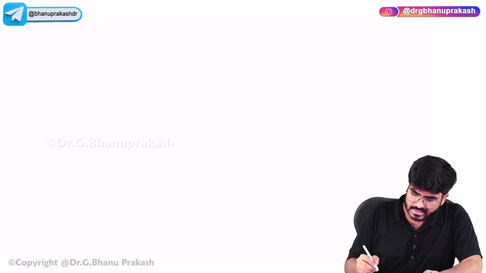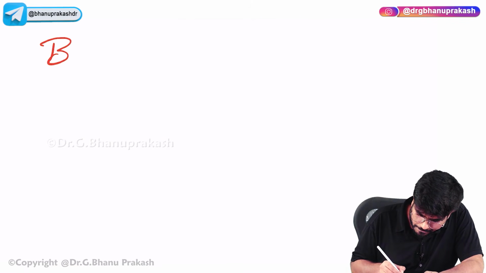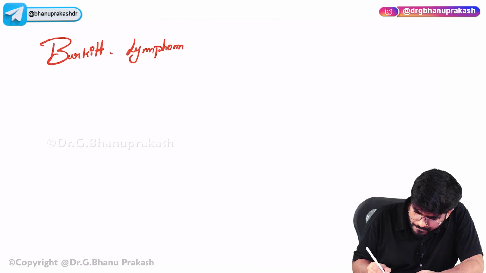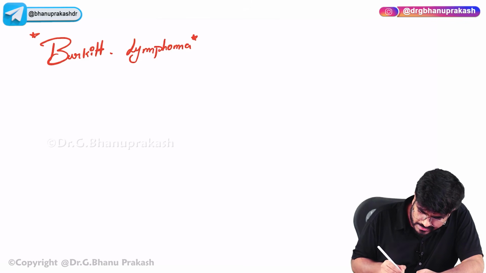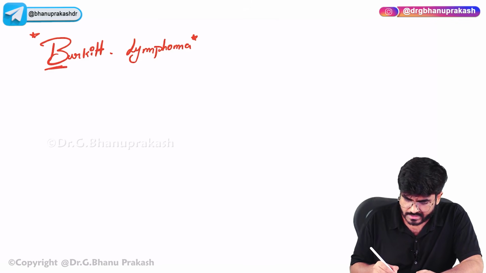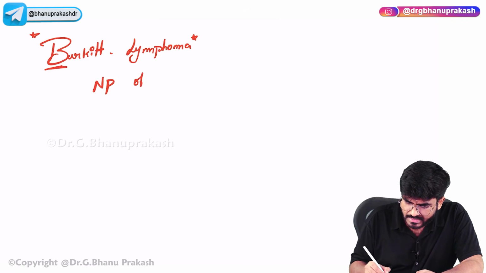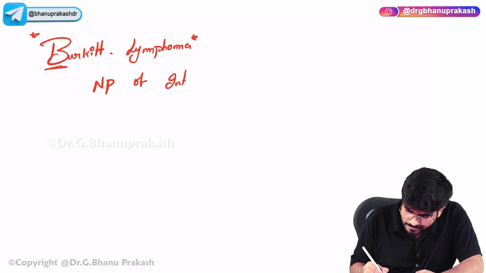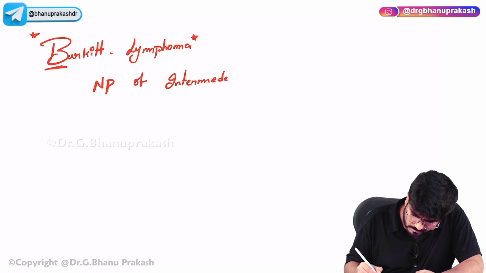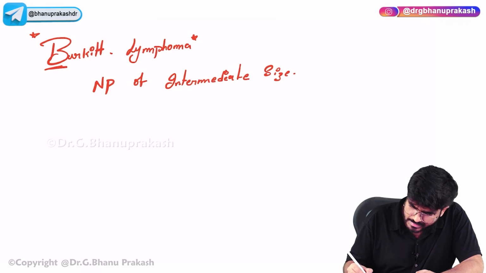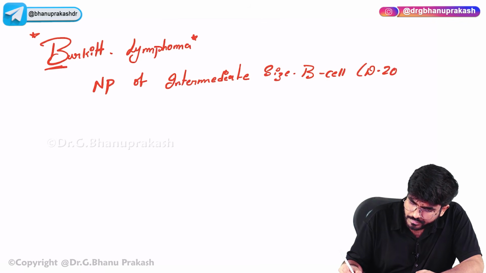Now after this, let's discuss Burkitt's lymphoma. Now what is this? Burkitt's lymphoma is a neoplastic proliferation of B cells, but of intermediate size, which are also CD20 positive.